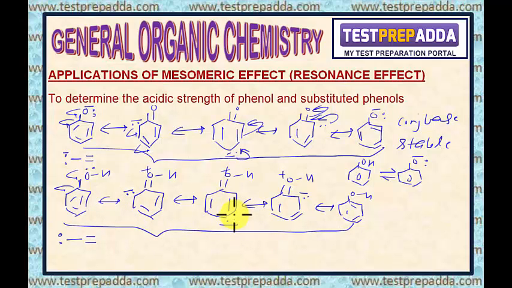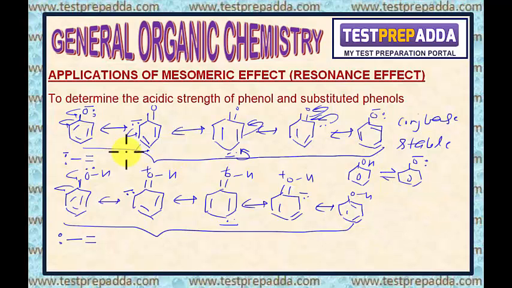Phenol is also resonance stabilized. If this is stable, how can you say this phenoxide ion is a weak base? So the problem is both are exhibiting resonance. Now we have to check which one is more stable. Whether phenoxide ion or phenol, which one is more resonance stabilized?